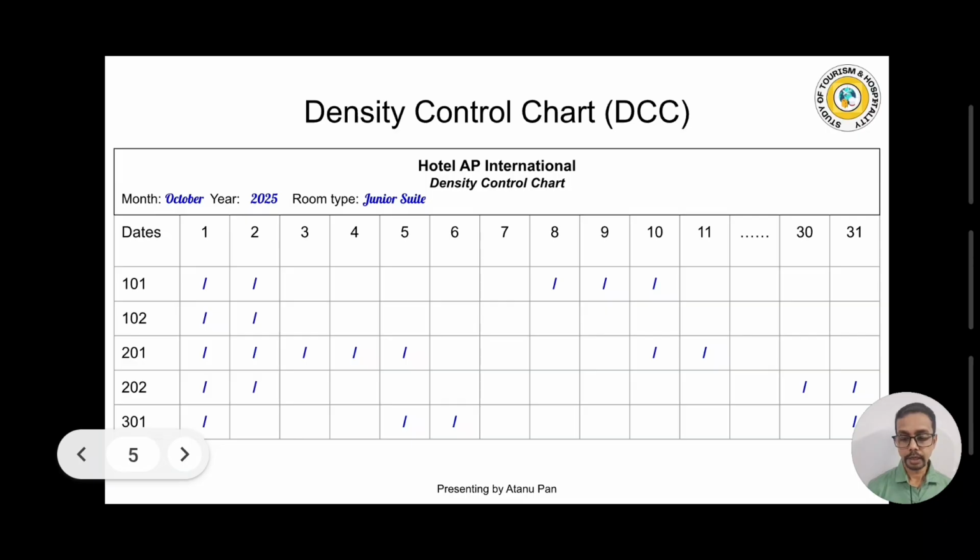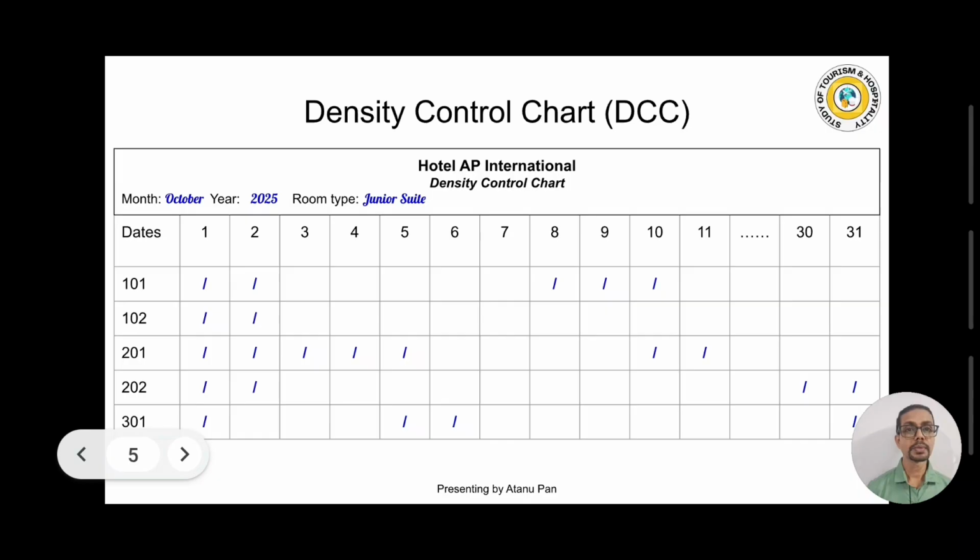Now the density control chart is marked by a single line. The single lines done in blue color indicate those rooms are booked for those days. The name of the guest is not mentioned, but it just shows that on those dates these rooms are not available.